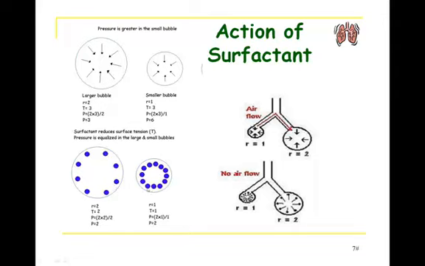And so it allows me to keep these two different size alveoli open because the distending pressures are the same between the smaller and the larger alveoli. So it's going to help prevent the small alveoli from collapsing, allowing us to maintain different size alveoli. So it increases the stability of the alveoli. I want you to think of it this way too.